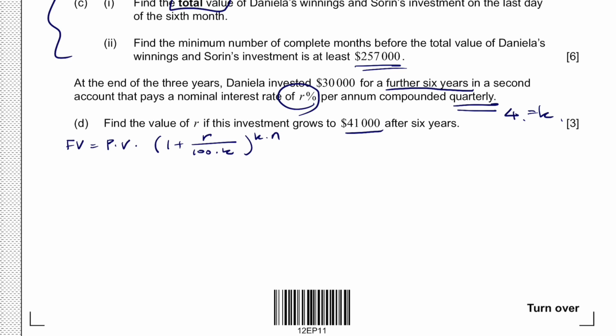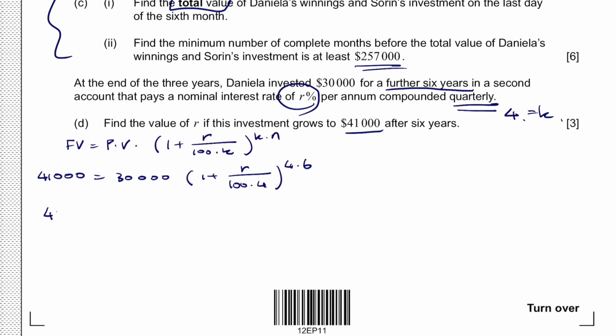So future value is 41,000. Present value is 30,000. And R is the unknown, the value that we need to find. K is 4 and the power is 4 times 6.